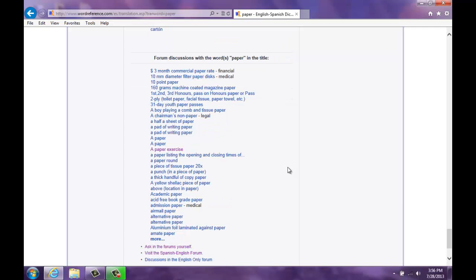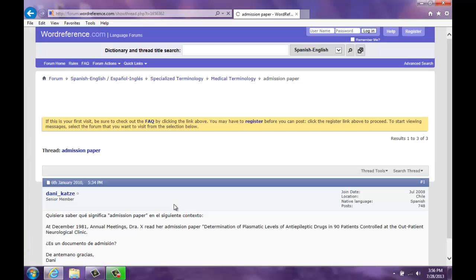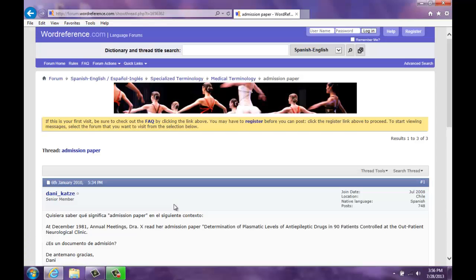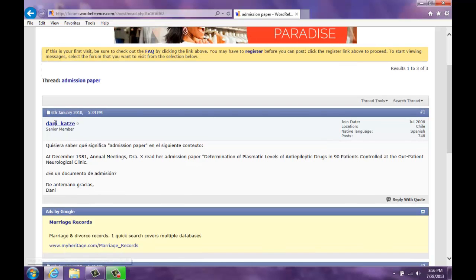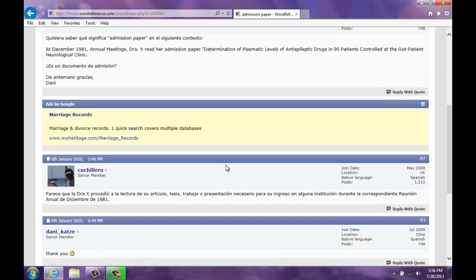So for example, let's say I was looking for the word for admission paper. I could click on admission paper in the forums, and you could see that someone has posted a question of, I would like to say how to say admission paper in the following context, and they give you their context. Can you please help me out? Thank you. And then someone will write back, this is what you need to say, and they'll give you the right form of saying it.